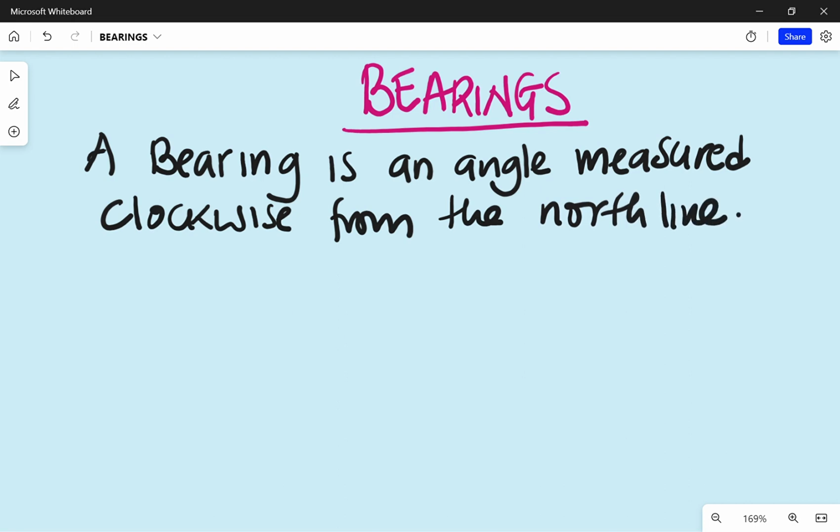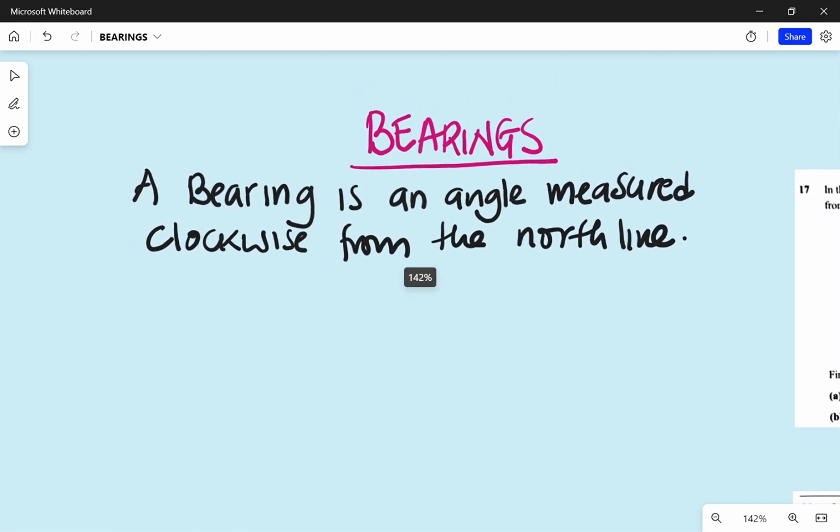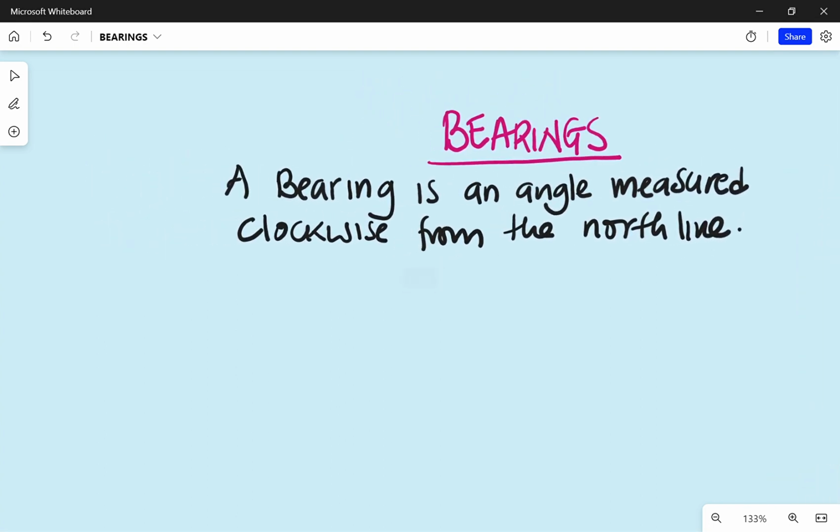That's a bearing. An angle that is measured clockwise from the north. That is what a bearing is. Okay, an angle measured clockwise from the north.